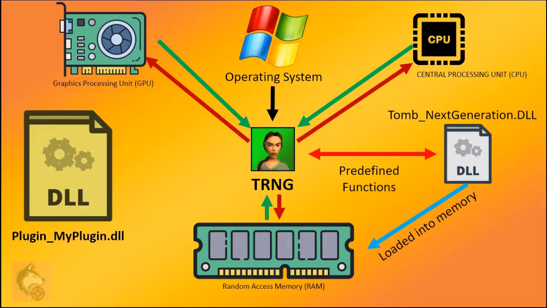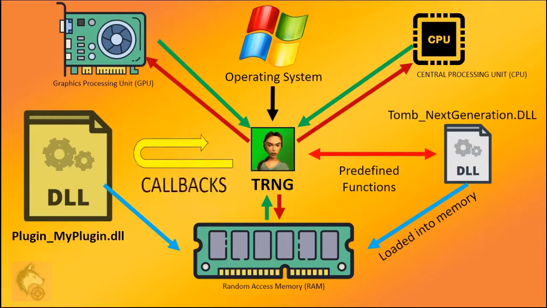It is stored in your level editor's directory, and it is ready to be attached to your TRNG engine. Again, the same process will be done for your plugin. It will be loaded into the random access memory, but this time the communication between your plugin and the Tomb Next Generation DLL is a little bit different.